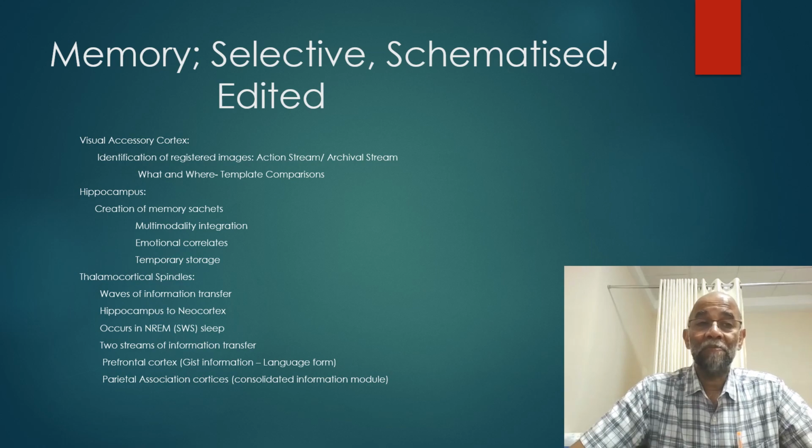This information remains in the synaptic maze, and the prefrontal cortex, with its abstract information gist, is the secret of human cognitive superiority. Because it's in language, it is easy to manipulate, easy to make decisions. The other stream of information passes on to the parietal association cortices.